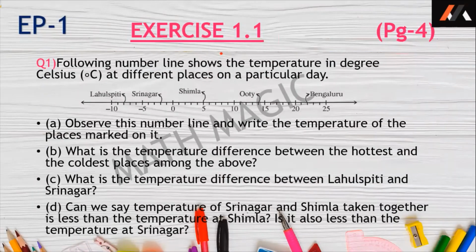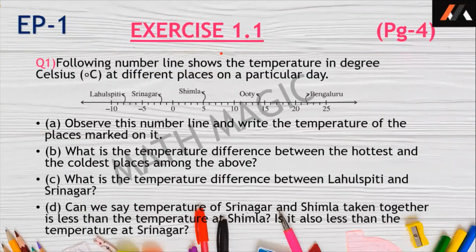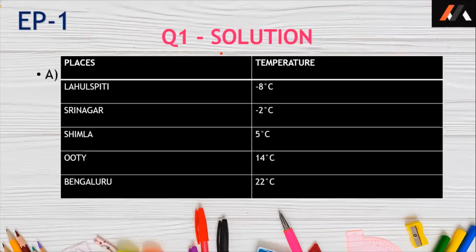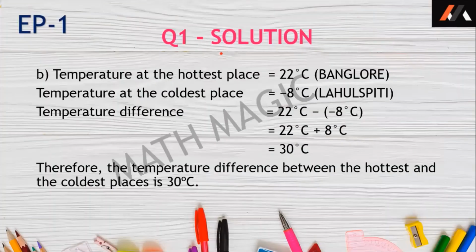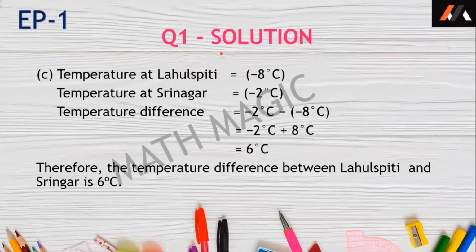What is the temperature difference between Lahaul Spiti and Srinagar? The temperature at Lahaul Spiti is minus 8 degrees Celsius and the temperature at Srinagar is minus 2 degrees Celsius. Now we have to find the temperature difference. Whenever we find the difference of two temperatures, we always take the highest temperature and subtract the lowest temperature.